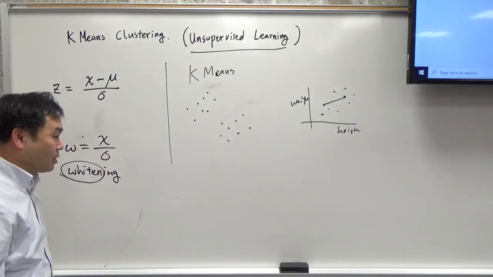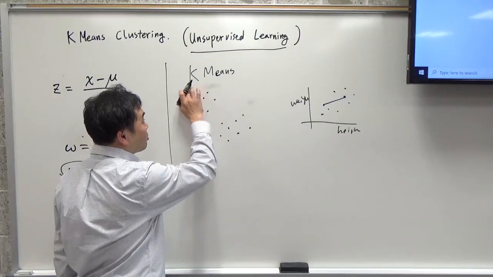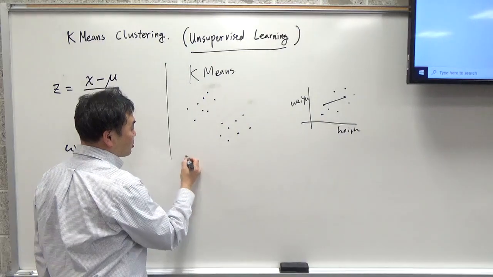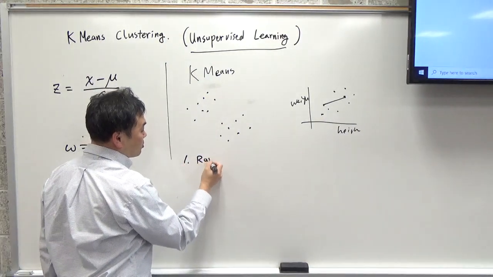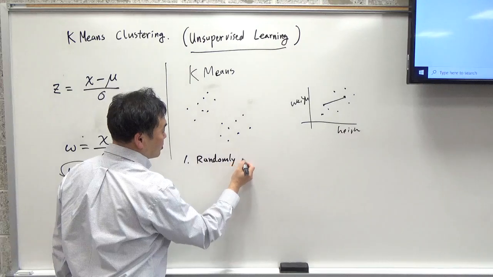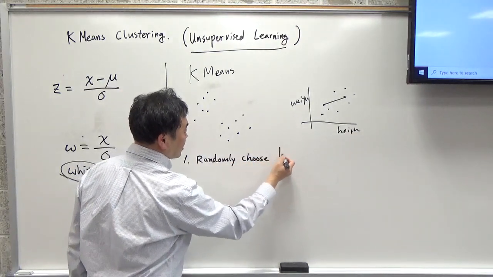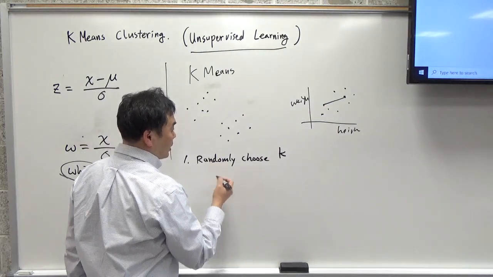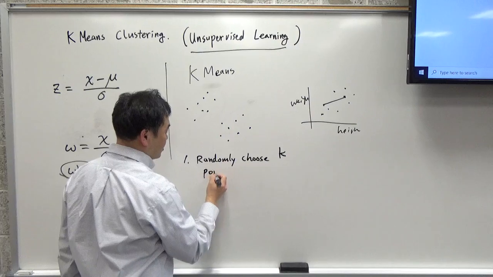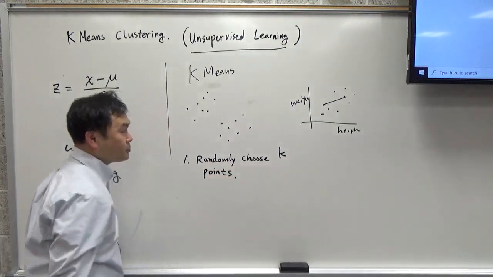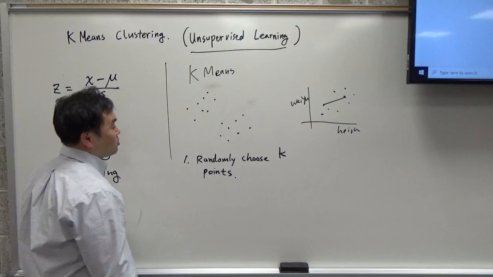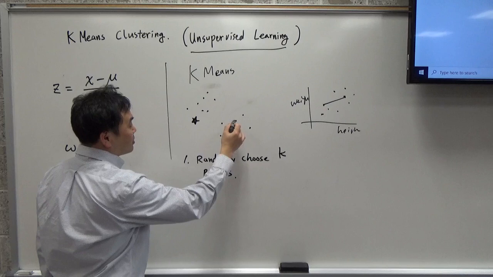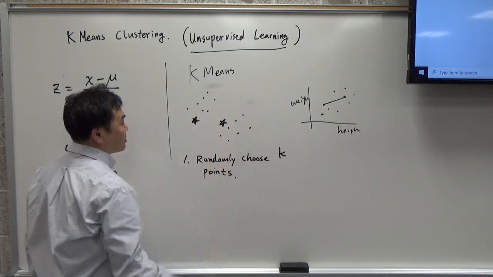Well, the way the k-means algorithm works is by following the first step. Number one, randomly choose k points, k data points. Okay? So let's say you chose this one here and say this one here. Okay?